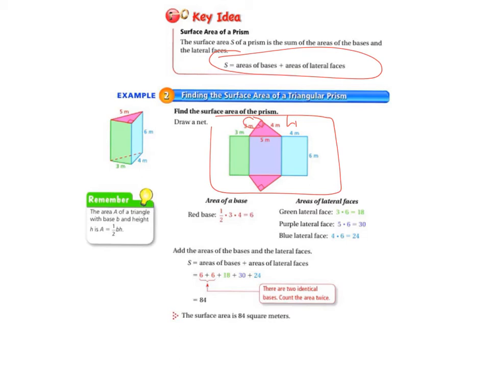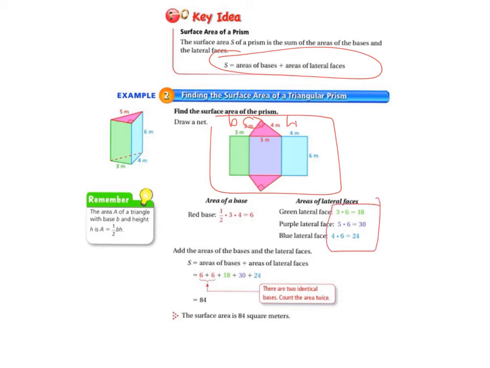So the base and the height are different maybe than what we did in class. And then you need to figure out the areas of each of the small rectangles. So those are the lateral faces.